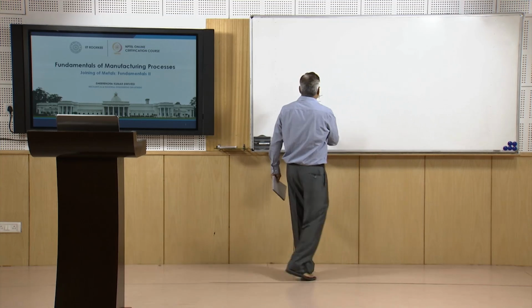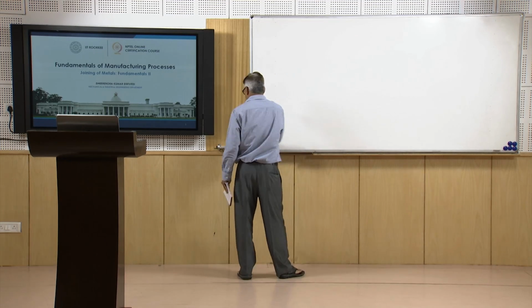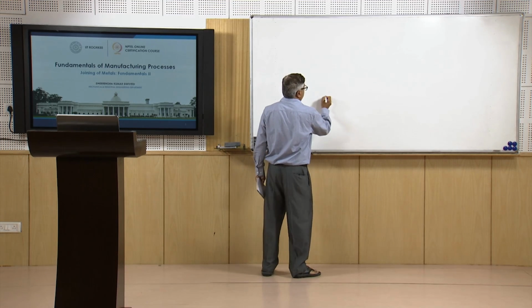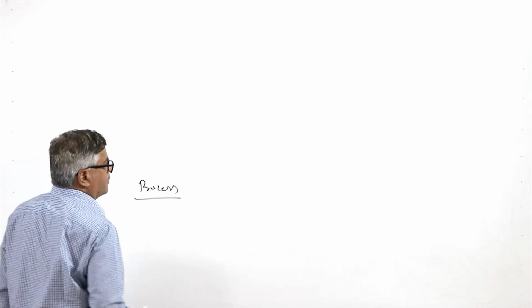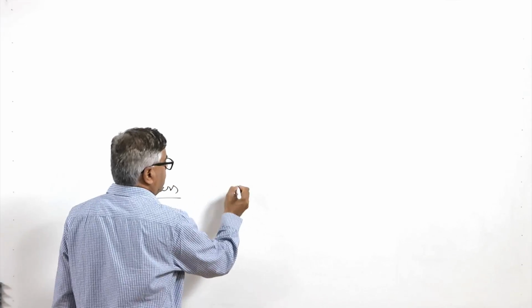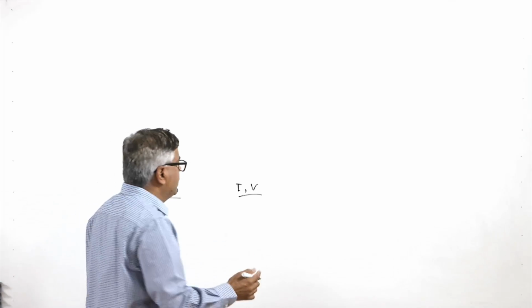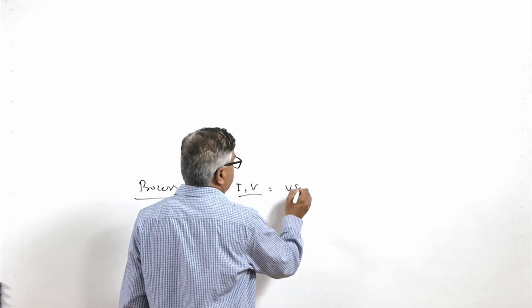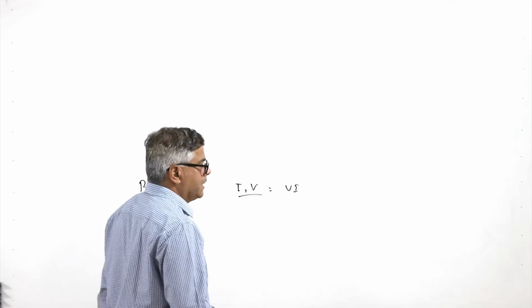But we know that whenever we use any process, whether it is arc or any other process, we deliver some amount of energy, like some current and some voltage, and whatever energy is generated can be obtained from Vi, but the same amount of energy is not converted into the heat.